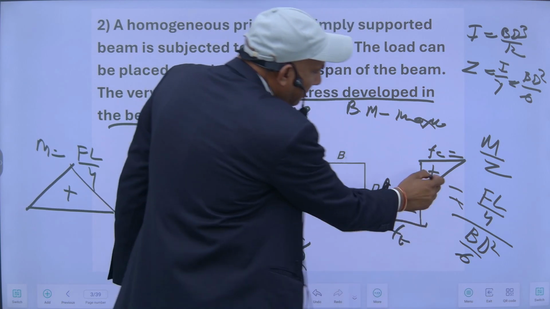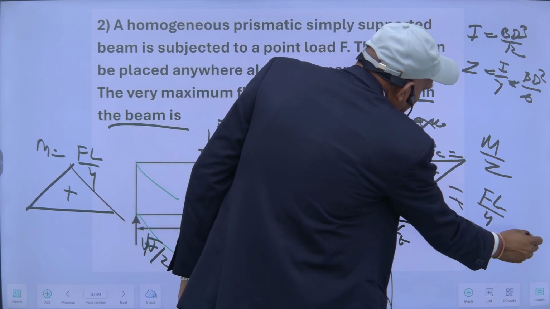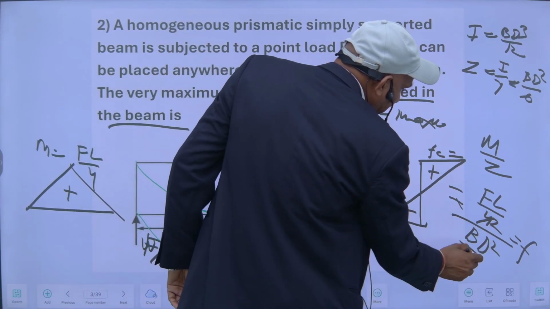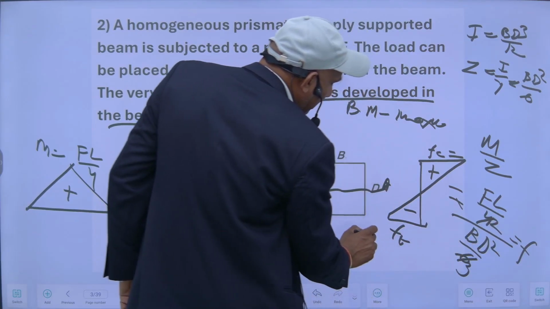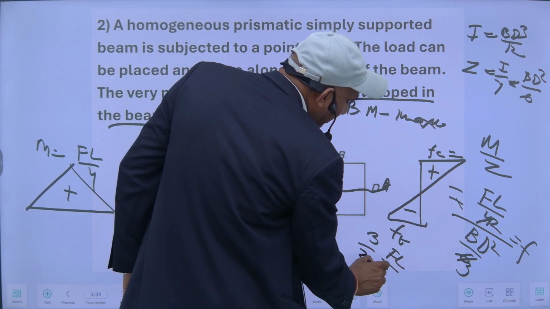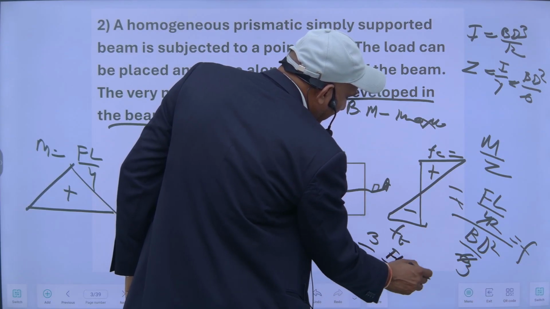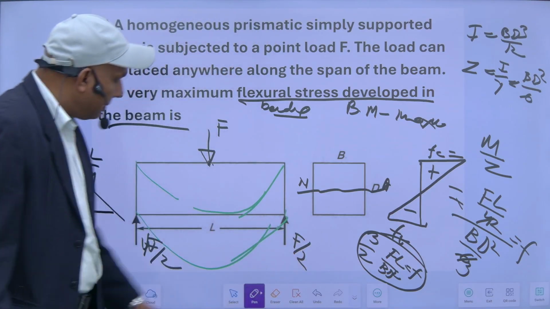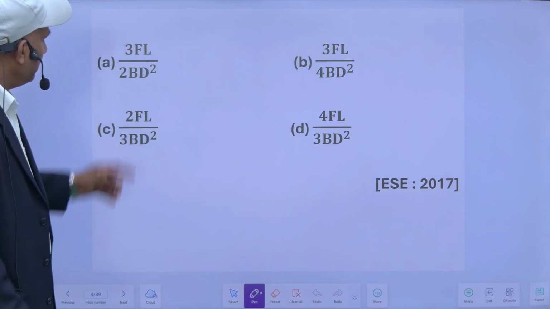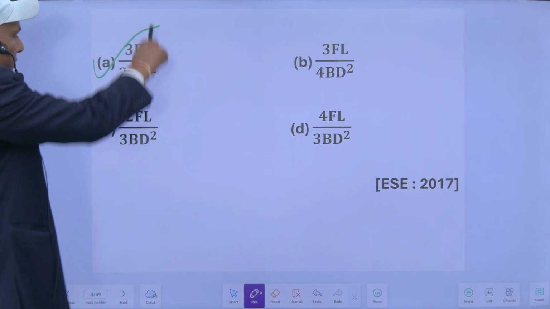So this will give F equal to 3 upon 2 FL upon BD square. So this is the right option.